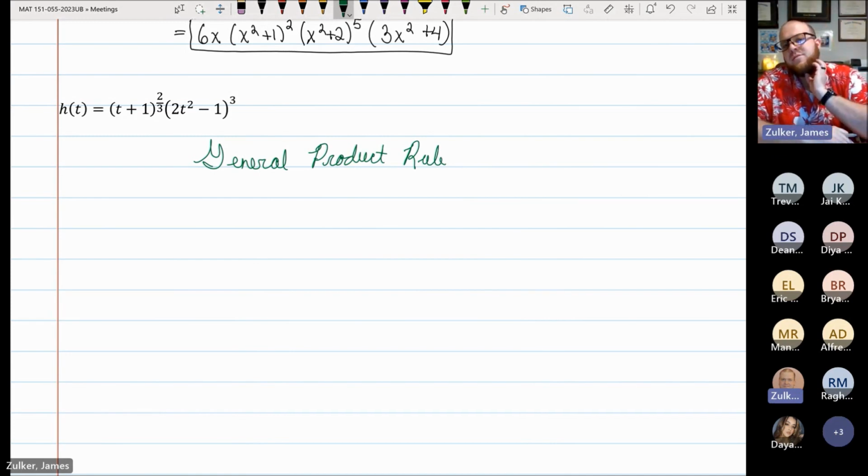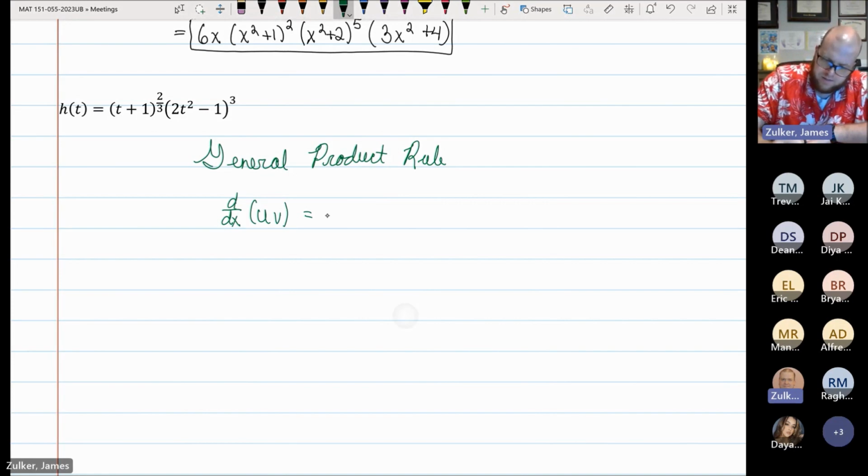General product rule. Actually, this isn't going to be a general product rule, is it?